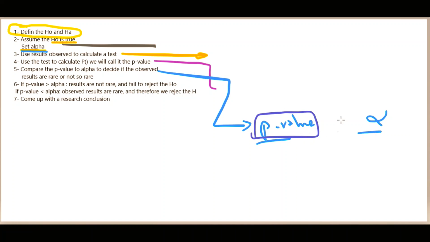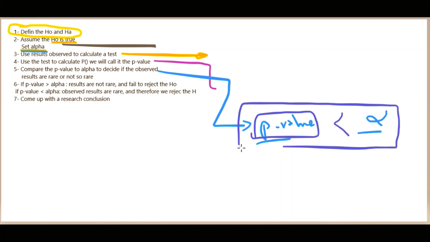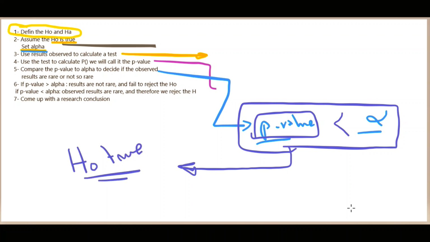If your p-value happens to be less than alpha, that means your results are rare, and therefore you're going to say, I did not expect to get this result. Therefore my starting point, which was my assumption that the null is true, is not acceptable, and I'm going to reject that assumption.